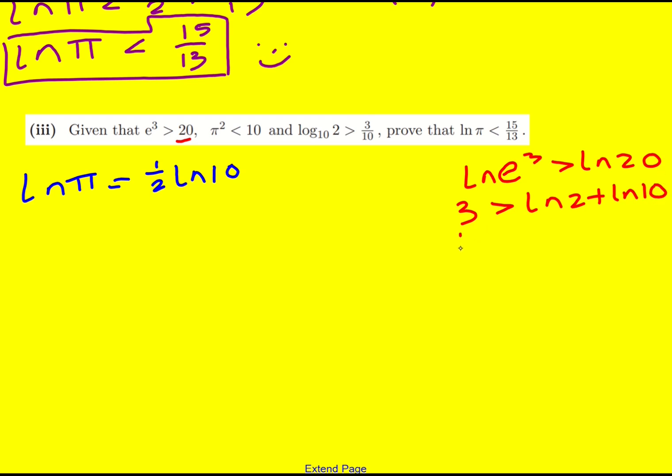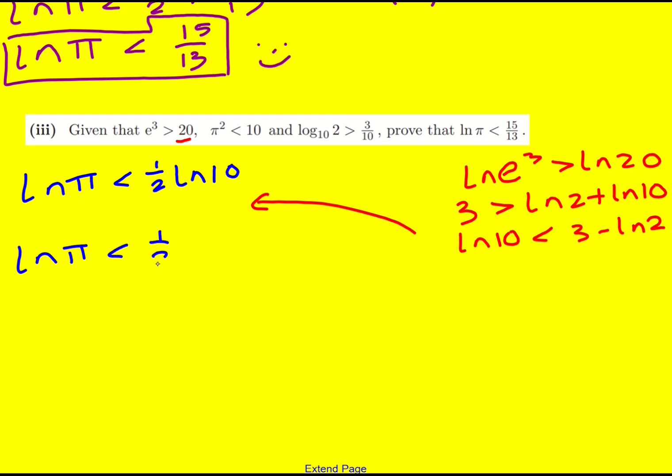And then that means that ln 10 is going to be less than 3 minus ln 2. And I put that in. So apologies, I've just realized that should have been a less than. So if ln 10 is less than 3 minus ln 2, then ln pi is going to be less than a half times 3 minus ln 2.